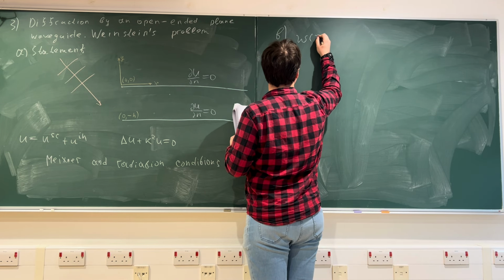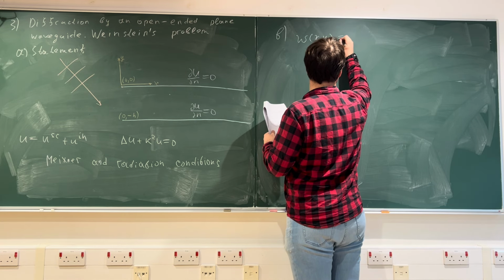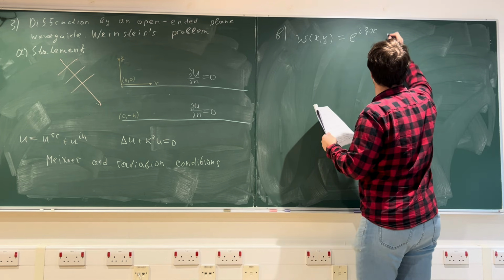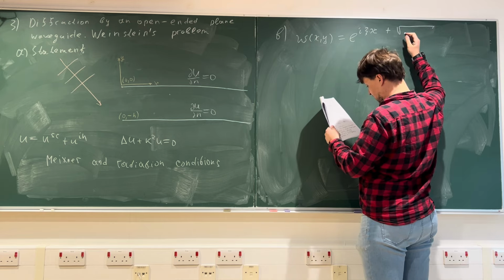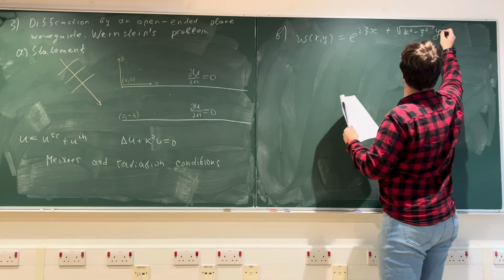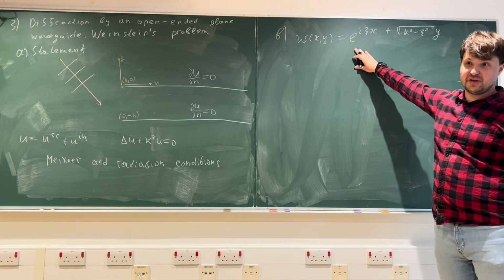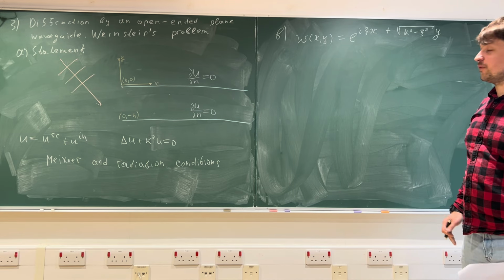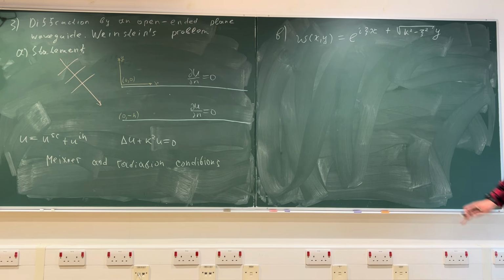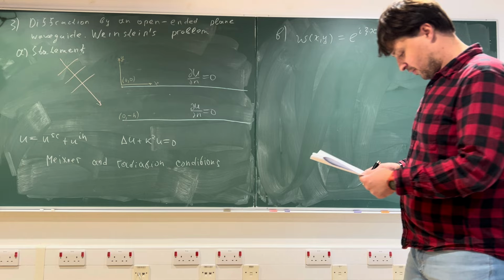So, I will introduce an auxiliary function, and this auxiliary function is just a plane wave. This bit will give us the exponent for the Fourier transform when this bit is 0. And this thing will act as a spectral parameter for our linear Wiener-Hopf equation.